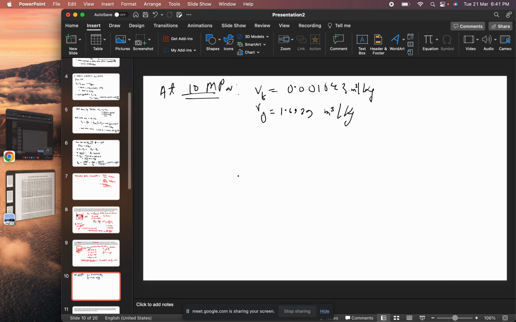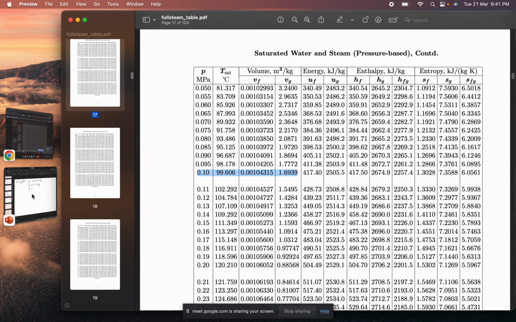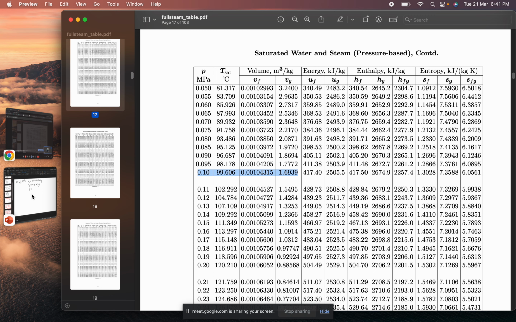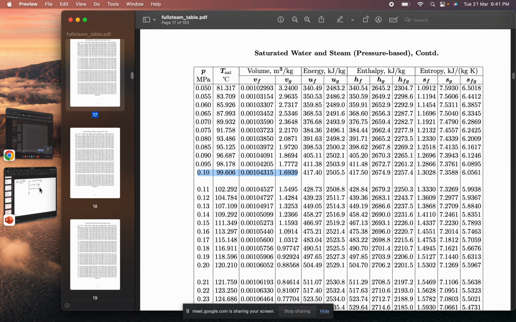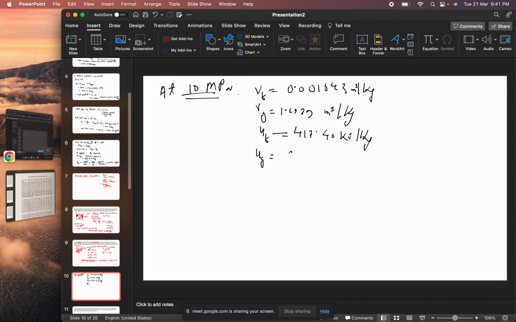Then uf is 417.40 kilojoule per kg, and your ug is 2505.5 kilojoule per kg. So these are the things which I know.